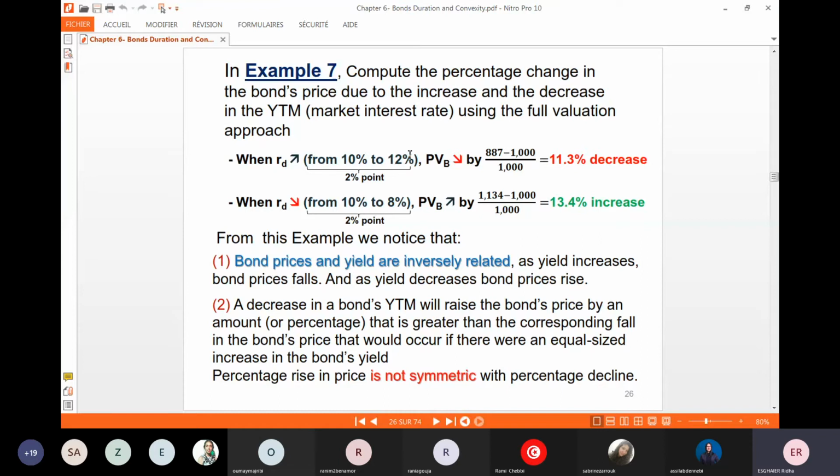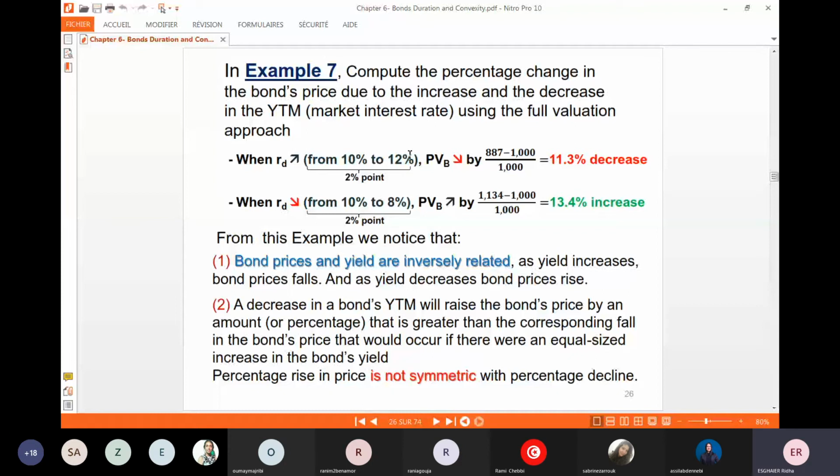The first result is that the movement of the price of the bond and the movement of the yield to maturity happen in opposite directions. We understood this. But another important result here is that the percentage rise in the price is not symmetric with the percentage decline in the price. So the percentage change in yield to maturity is the same, 2% up or down.